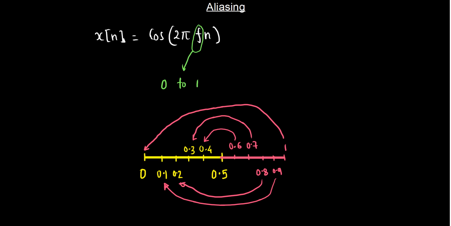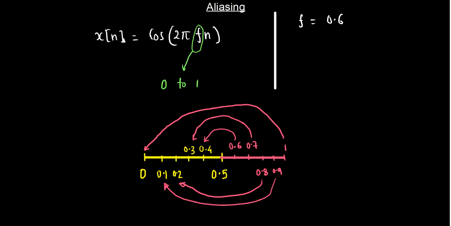So let's analyze what is happening here. Say, for example, small f here is 0.6. So we are analyzing the case where the frequency exceeds 0.5.